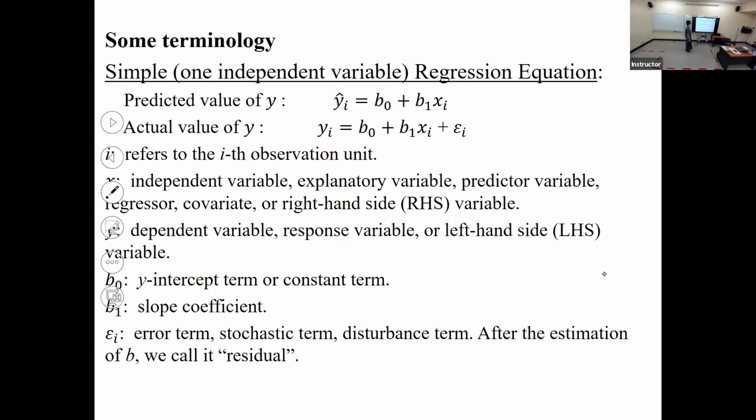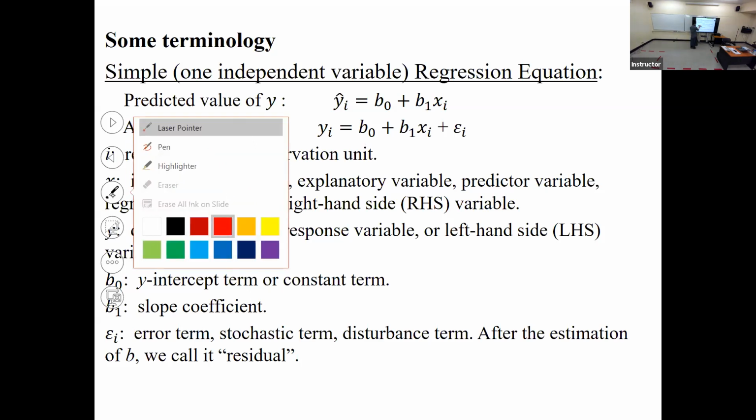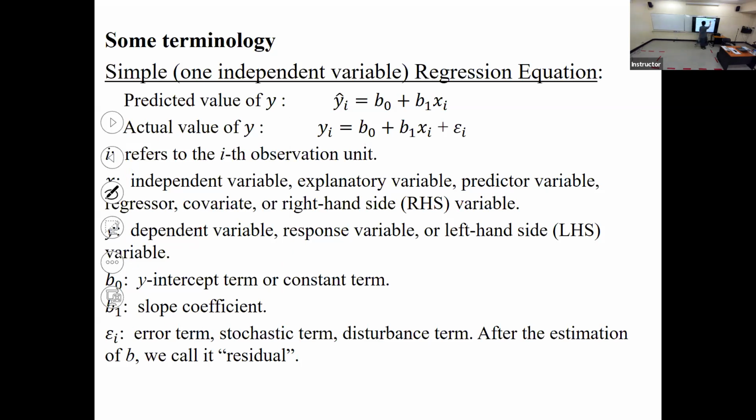Okay, now on the right-hand side, apart from X, we have coefficients, right? B coefficients, B naught and B sub 1. This one, B naught, can be called y-intercept or y-intercept term, because that is where the line cuts across the y-axis.